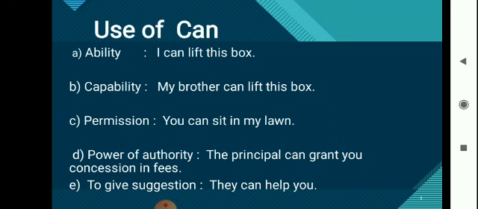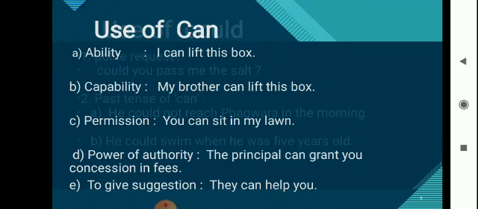To show ability, I can give an example: I can lift this box. For permission, you can sit in my lawn. For power of authority, the principal can grant you concession in fees. So these are the examples where we use modal can.